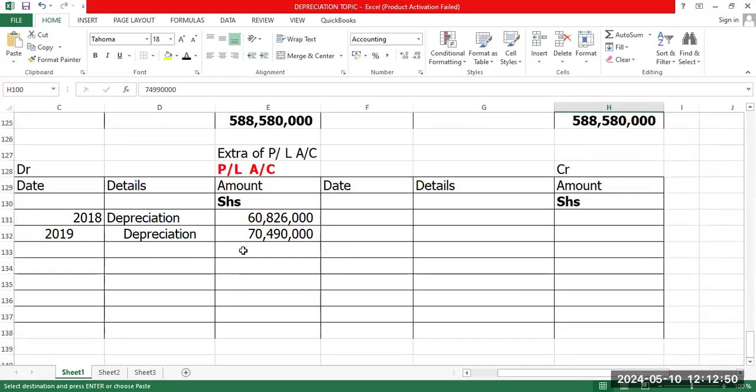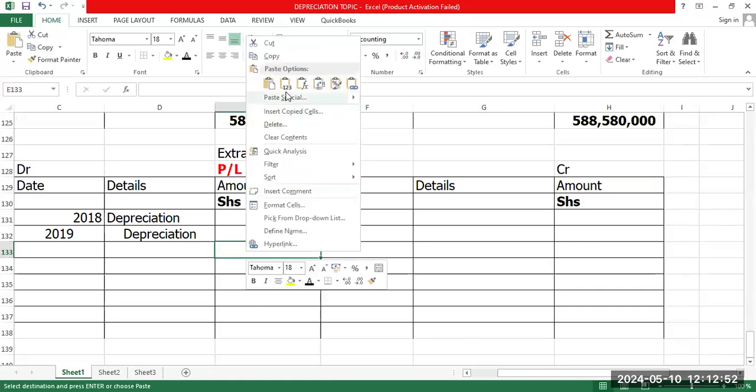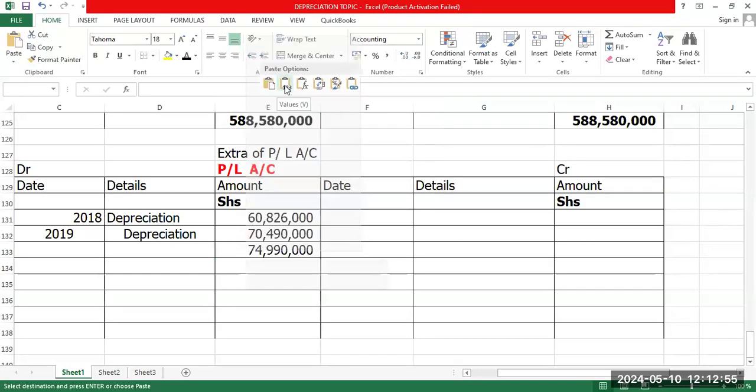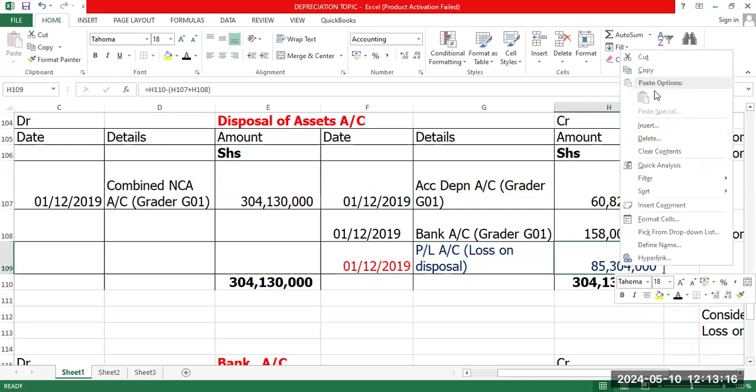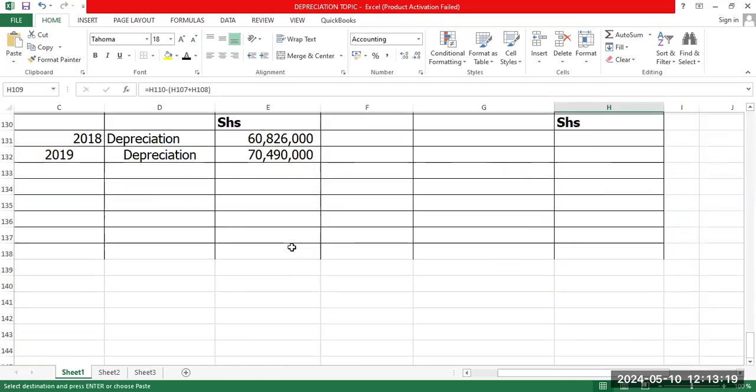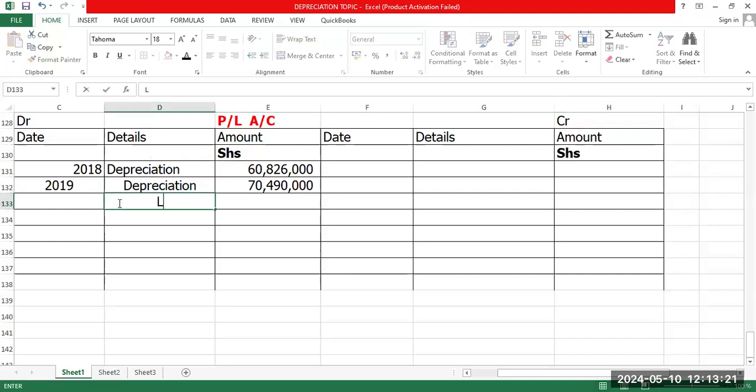Excuse me, Ebo. Yes, go ahead. If we are still in 2019, would it be okay if we dealt with the loss on disposal as well in that year? You can put it here on debit, because before you proceed, if at all we had the loss on disposal in 2019, bring it here. This is loss on disposal.